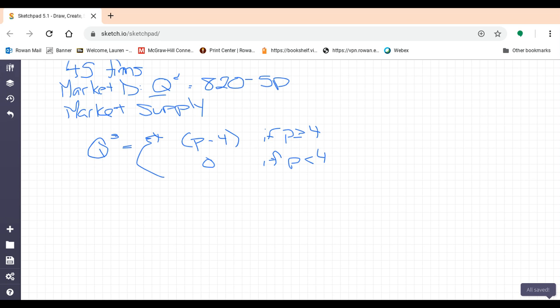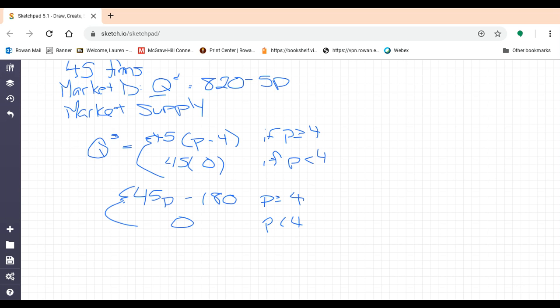So we want to multiply 45 here. And you can technically do it to 0, but you're not going to get anything different. And so just to simplify, we have 45p minus 180. This would be writing it properly just to show both possibilities. That is when we combine every firm in the market to each other and we have this market supply.